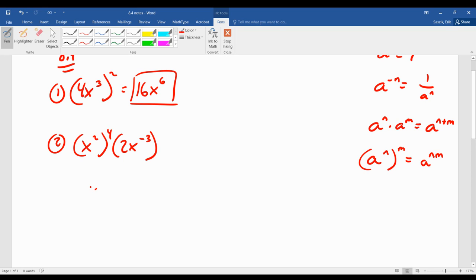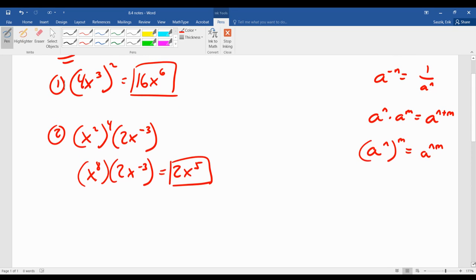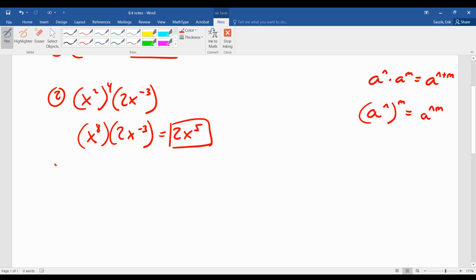Power to a power, you multiply. So you get x to the 8th times this other jazz. Now remember, there's an invisible 1 here. 1 times 2 is 2. Add these, and you're done. So you can't forget your other rules. Okay, this is how it gets harder, is we're adding more and more rules that you have to keep straight, right?